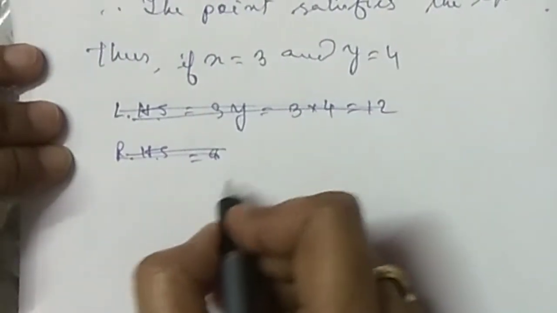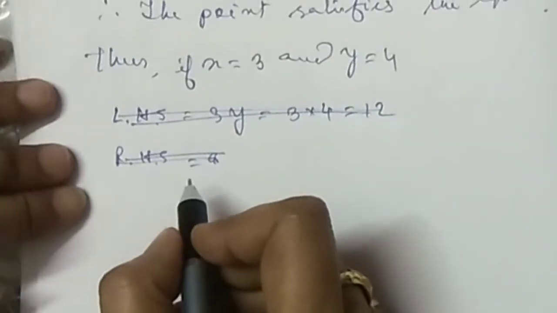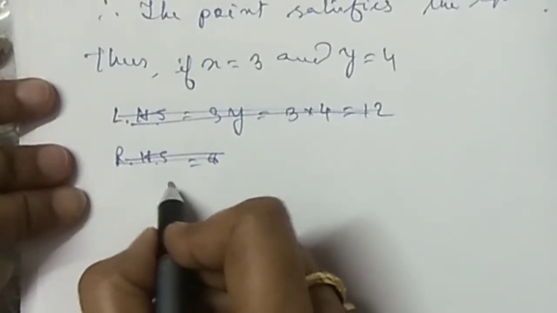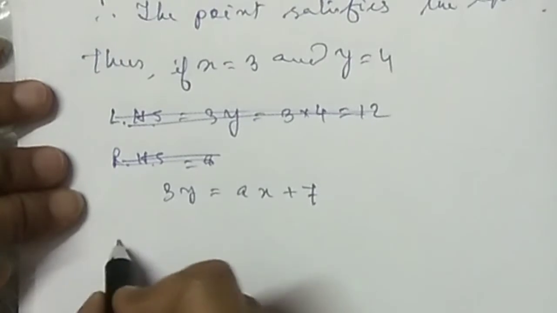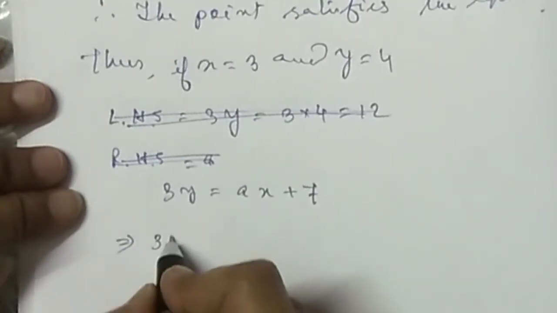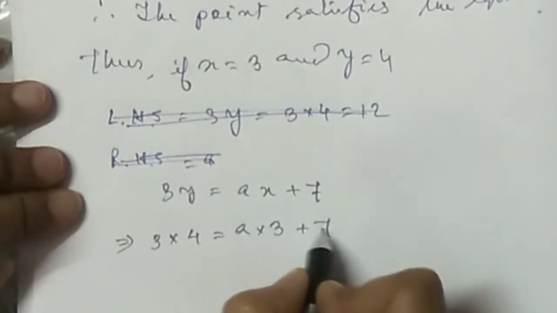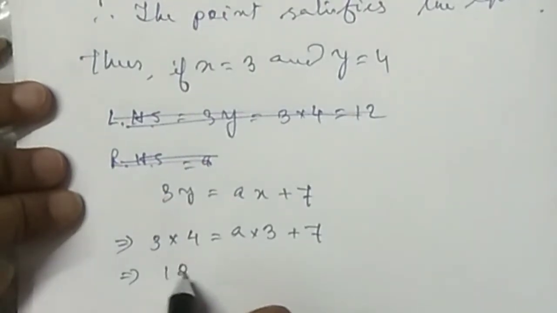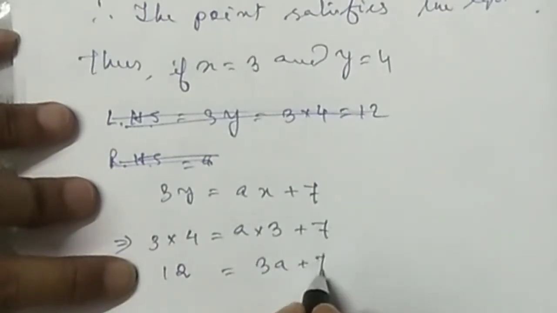Just place the values, then 3y is equal to ax plus 7, 3 into 4, a into 3 plus 7, which is 12 equals 3a plus 7.